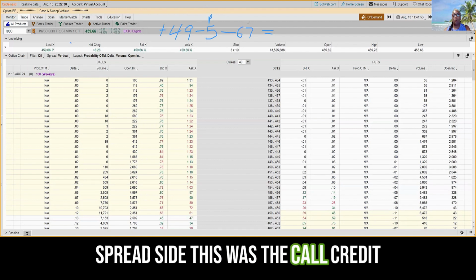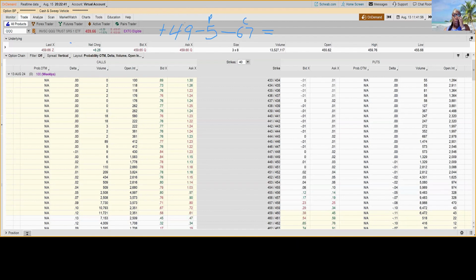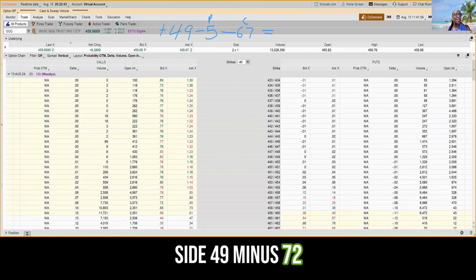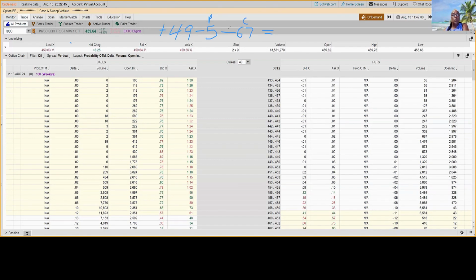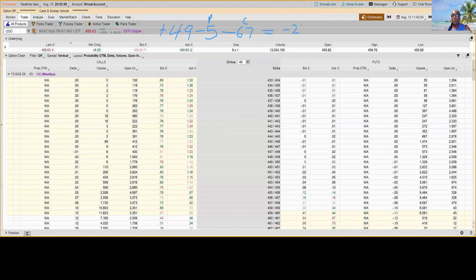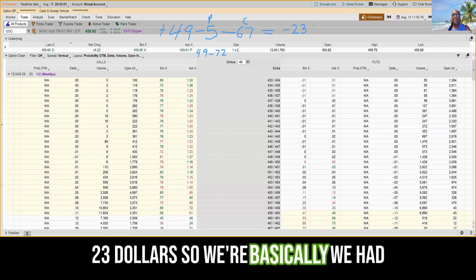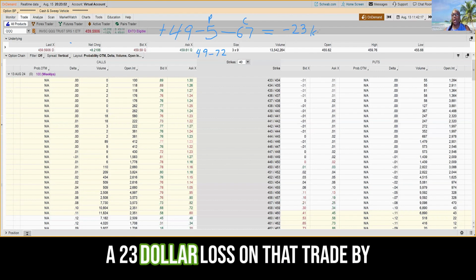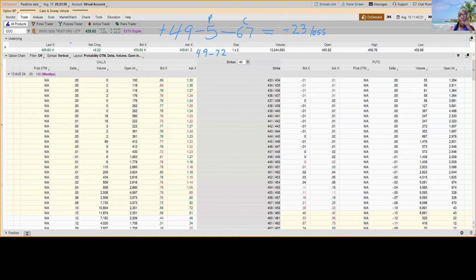This was the call credit spread side. 49 minus 72, what we're at, minus $23. Negative $23. So we had a $23 loss on that trade by closing early.